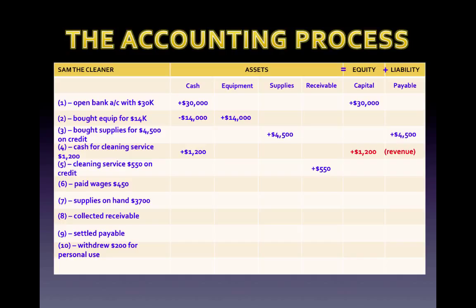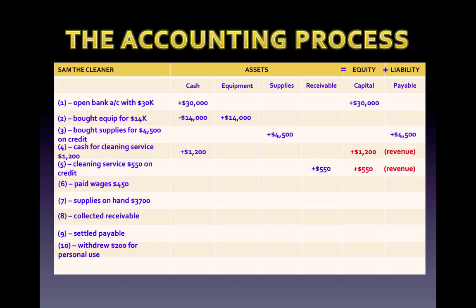But what does this resource represent? Who claims it? Is it Sam or a third party? Well, no third party claims it, because this is again the work that you do. So again, this is considered to be revenue, because this is part of the service you're providing, and this is claimed by the owner, Sam.